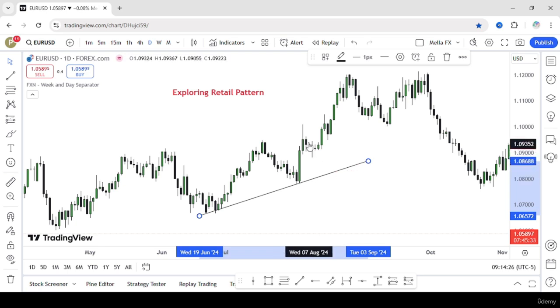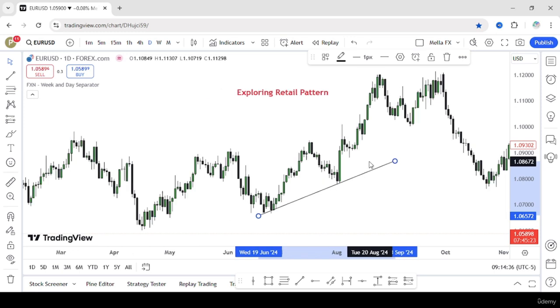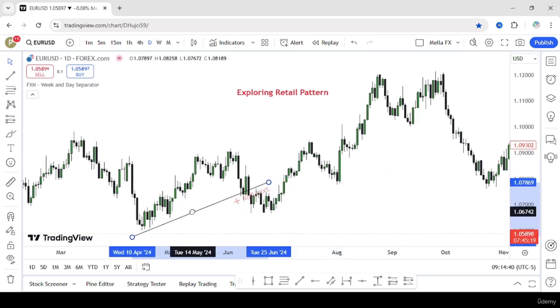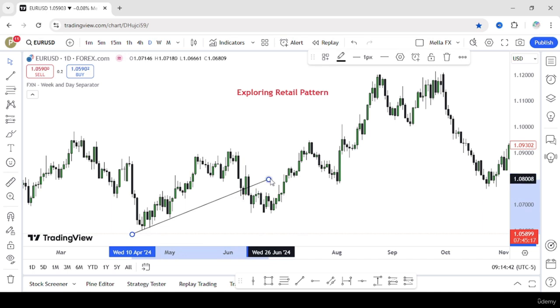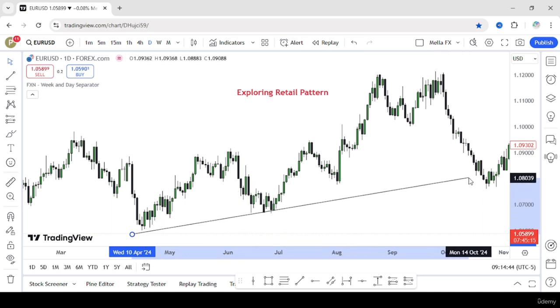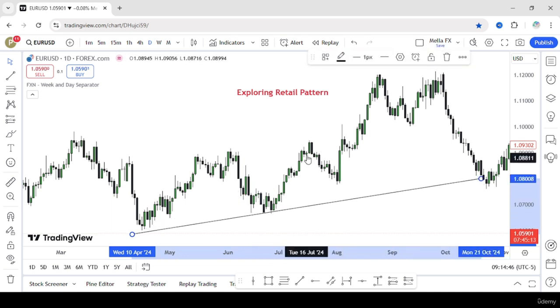So you'll be left wondering, why has it not hit my trend line, when you want it to hit? Or you also question yourself, where should I anchor my trend line? For example, you can see that this one started from here and continued in this way, so it did not hit this low.